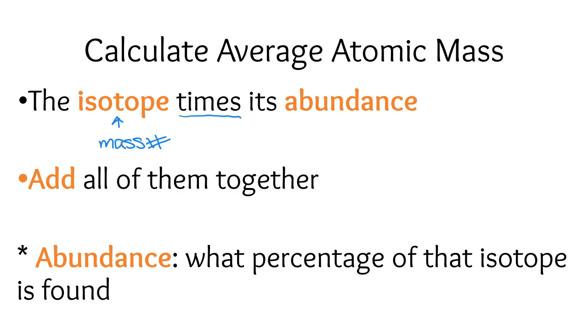Once we get those answers, we're going to add them together, and that will give us our overall average atomic mass. And remember, average atomic mass has units of AMU.